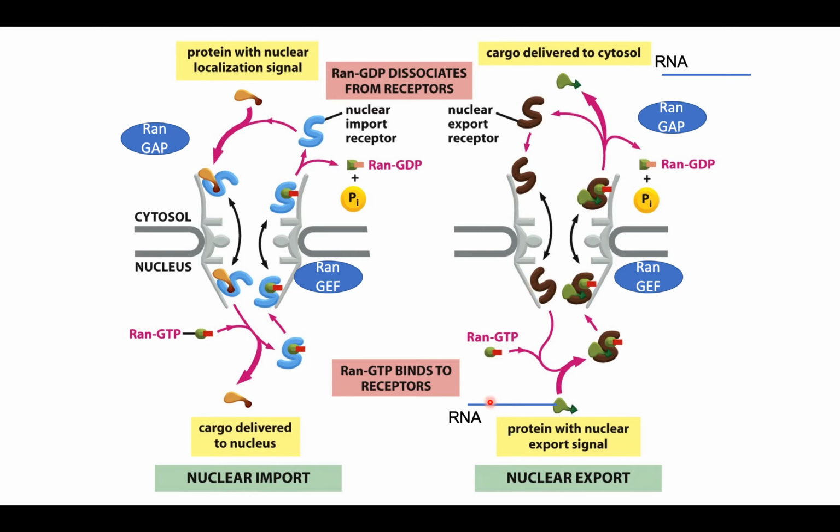So RNA can also be brought through. RNA protein complexes can also be brought through this way. So bound to this export receptor, which is also bound to GTP, coming through here, encountering that GAP, releasing our RNA protein, able to come back through.